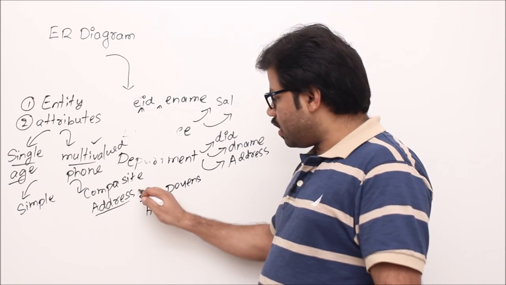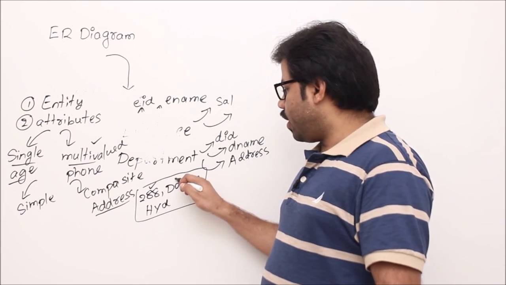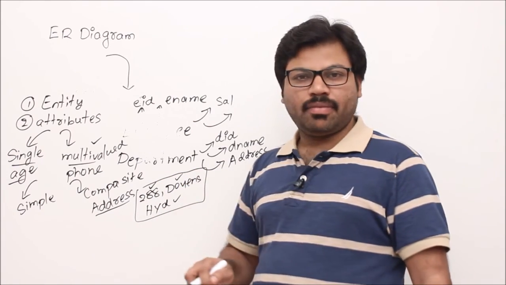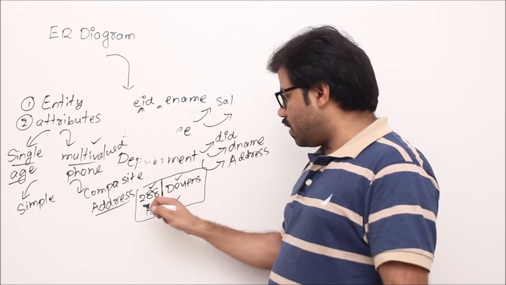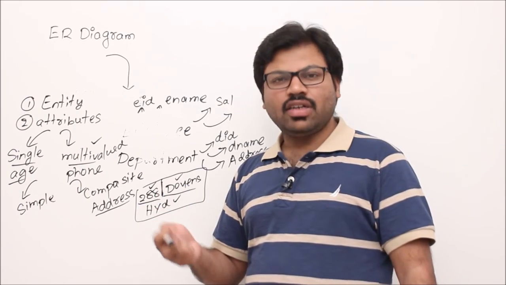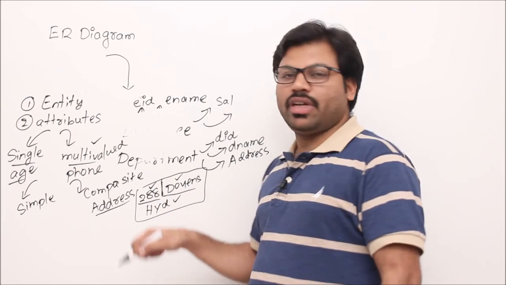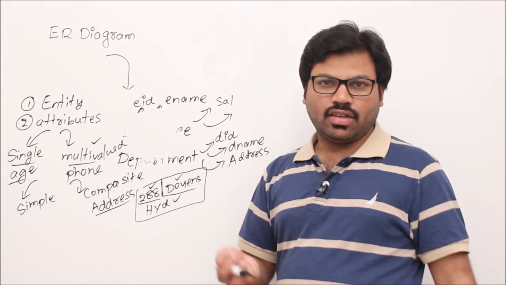If you store this kind of address, then there is a structure, right? Door number, colony name and city name. So every attribute that has this kind of structure, we say it is a composite attribute. I can divide this attribute's value into three parts, and I can still understand some meaningful information from each such component, correct?